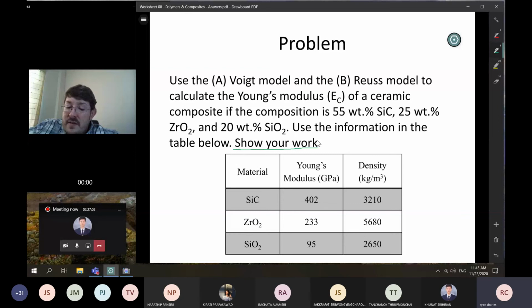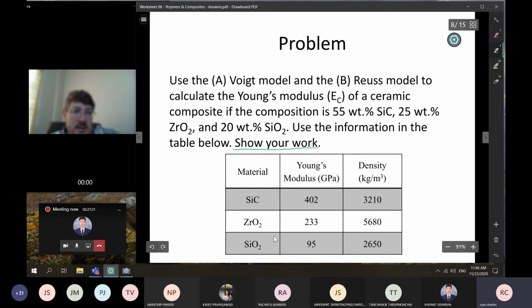And two, for my benefit, if you did something wrong, I know how you did it wrong, and I can make a note. If you just magically have numbers pop up, that doesn't do either one of us any good, right? For opposite reasons.